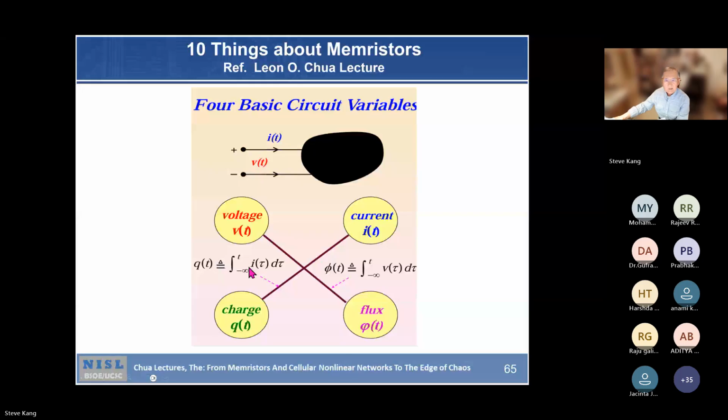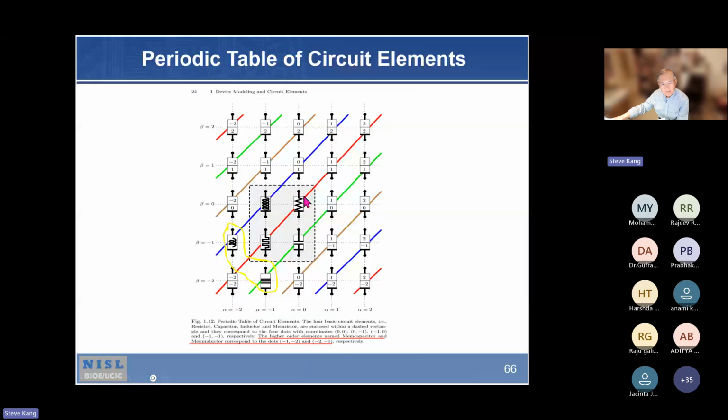So this shows all these 4 basic elements. This square with the bar here means nonlinear. In general, there is a nonlinear resistor, linear resistor, but yeah, you have a resistor, you have an inductor, you have a capacitor. Now you have a memristor filling the missing link.